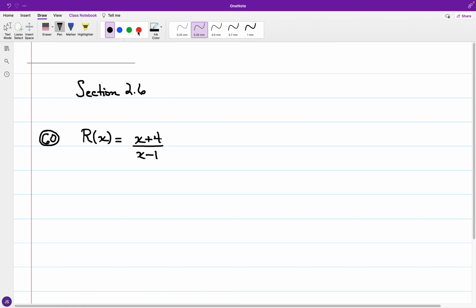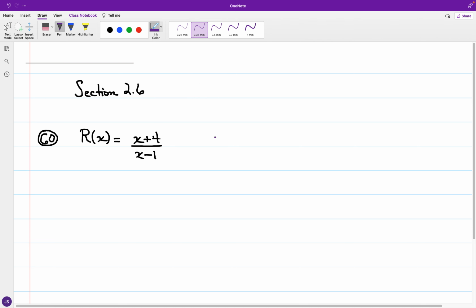For this particular function, we determine the zeros in order to set up our table. We have two variable expressions in the ratio. We have x plus 4 in the numerator, and the zero of the numerator, x plus 4 equal to 0, gives x equal to negative 4.